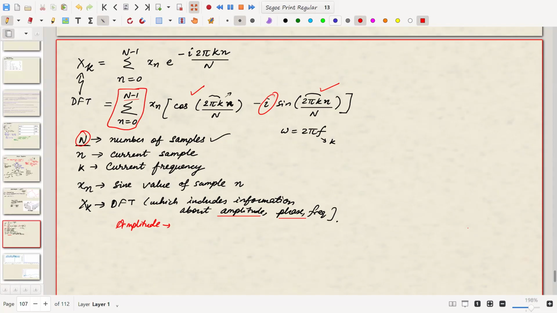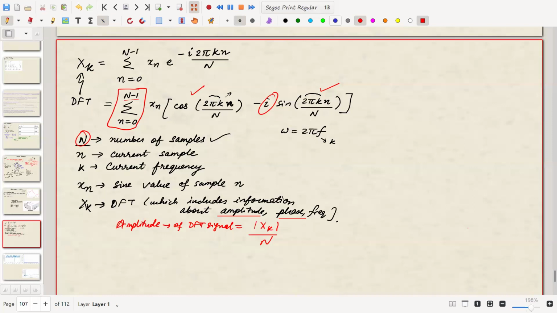No, I have to divide by the total number of samples to get the average amplitude of the whole sample. So the amplitude of the DFT signal is this, mod Xk. This is just a basic understanding.